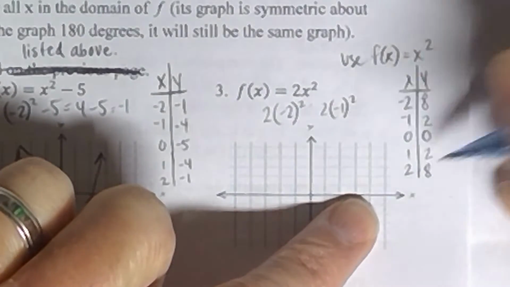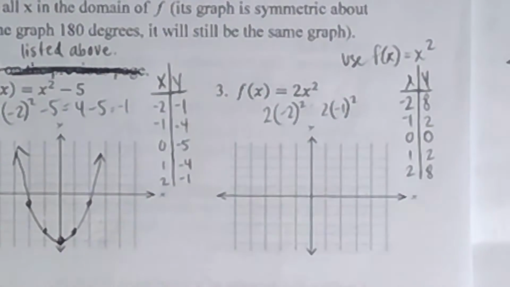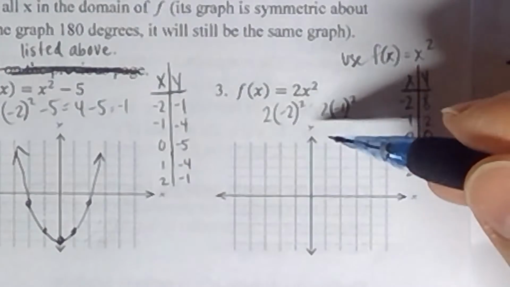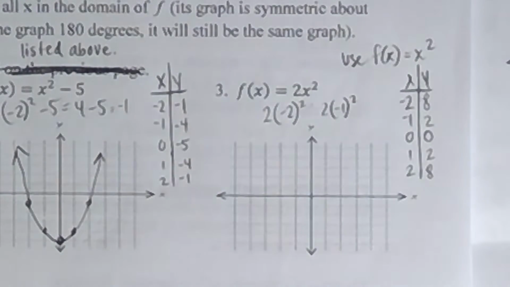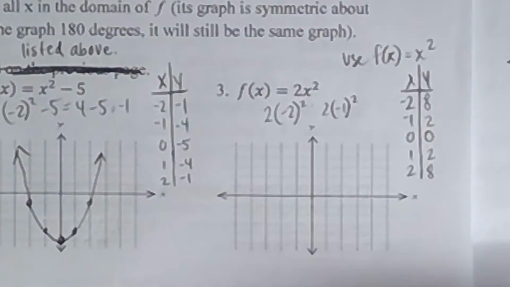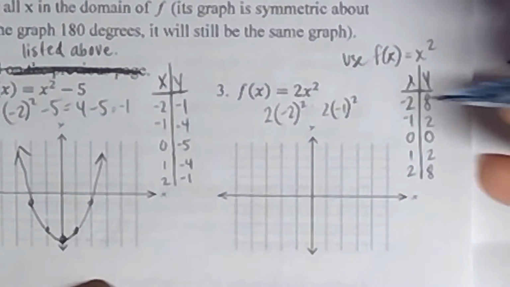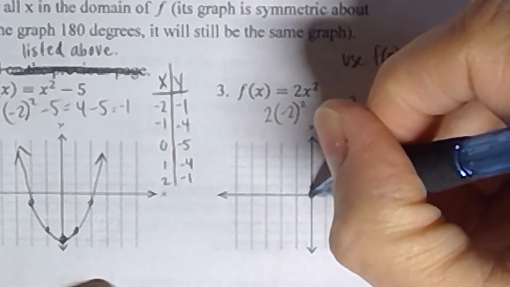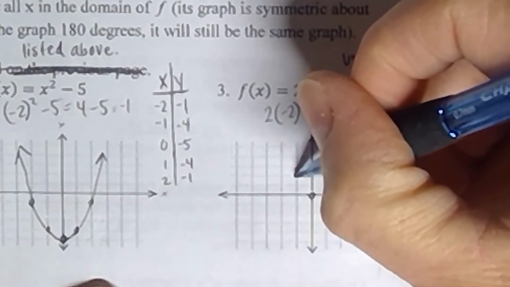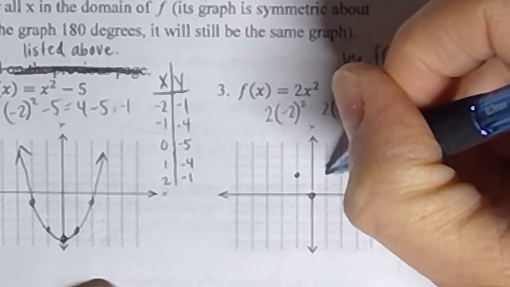All right. So if I plot these points here, you could change the scale on the y, since the 8 is kind of way up here. But I'm not going to do that this time, you guys, because I want you to really see how sometimes these graphs get stretched out and they get really skinny. So it's okay to do that theoretically, but just for the sake of showing you something here, I'm just going to keep the scale the same.